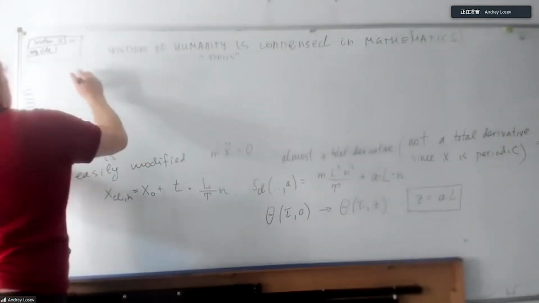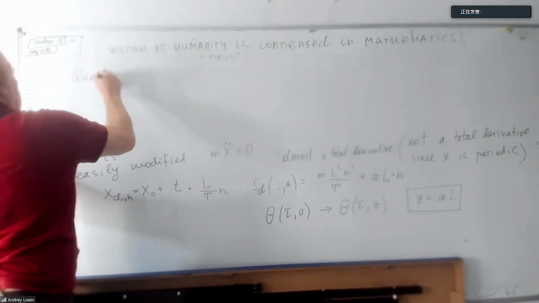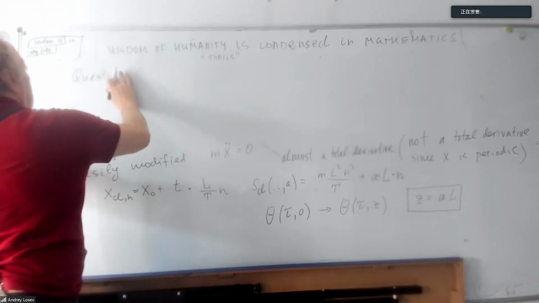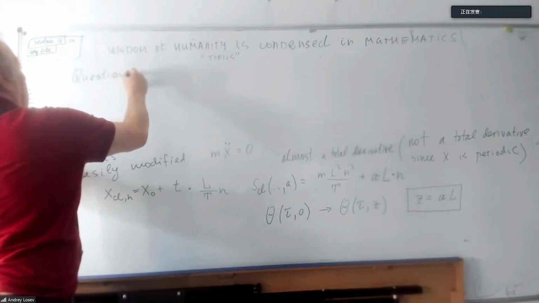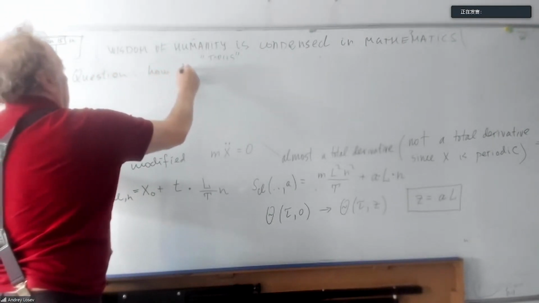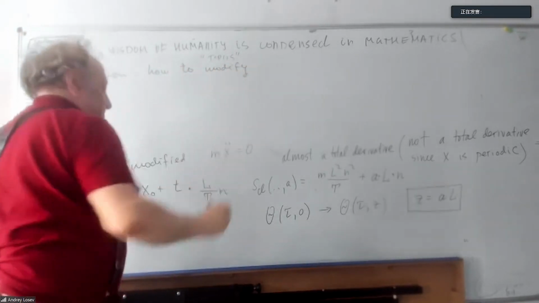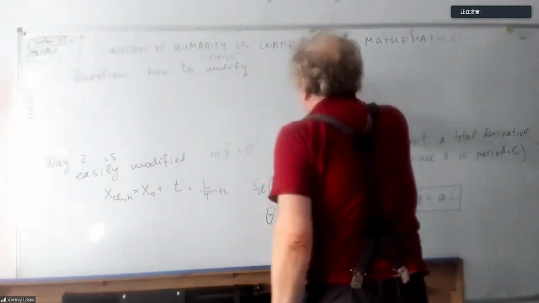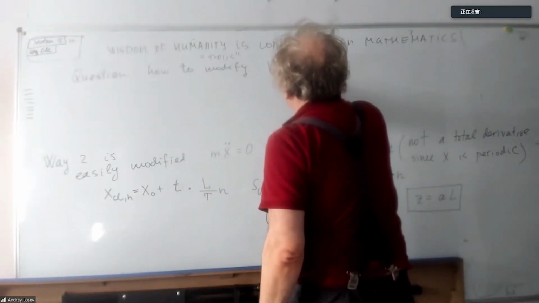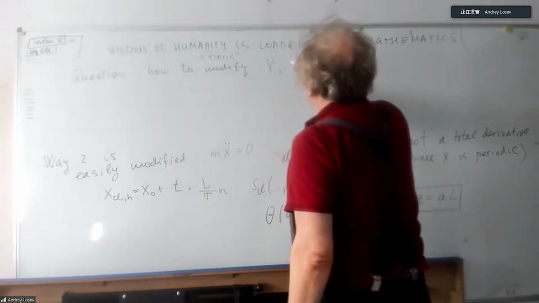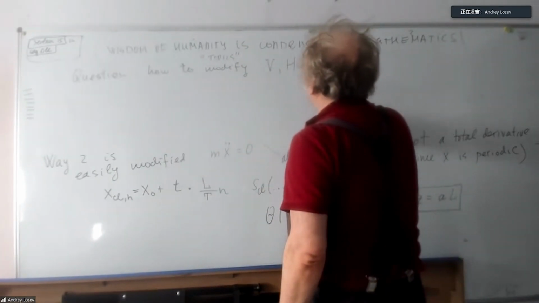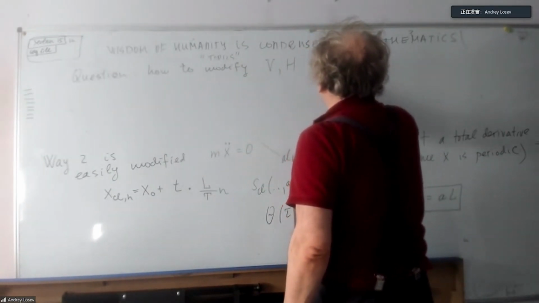So there's the question: how to modify the Hilbert vector space and Hamiltonian, including A?